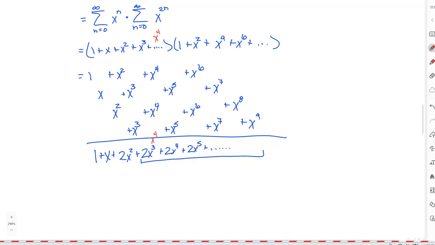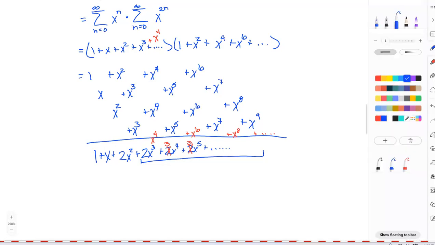So this would actually be 3 of those, and then we would have an x to the 6th here, and then we have an x to the 8th, and so on. So this is only correct up through the first 3 terms because I didn't multiply much out. We would actually have 3 of these, and we would have 3 of these. But you can see how this is a really tedious process to compute.